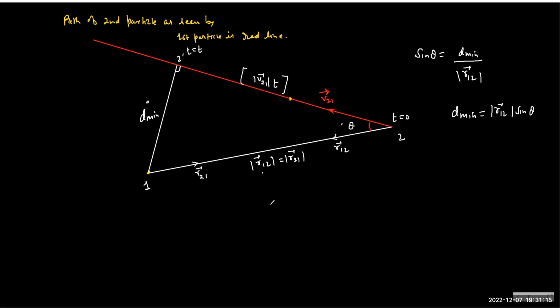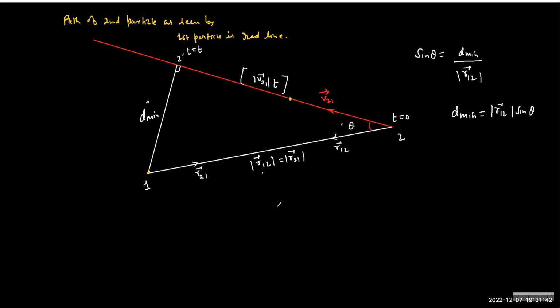Which product of vectors gives us sine theta? Tell me. Dot or cross? Does sine theta appear in the dot product or the cross product?